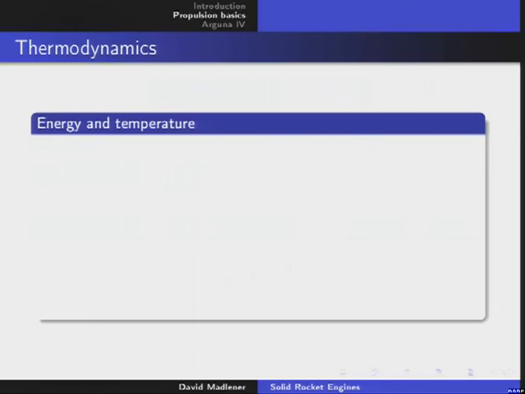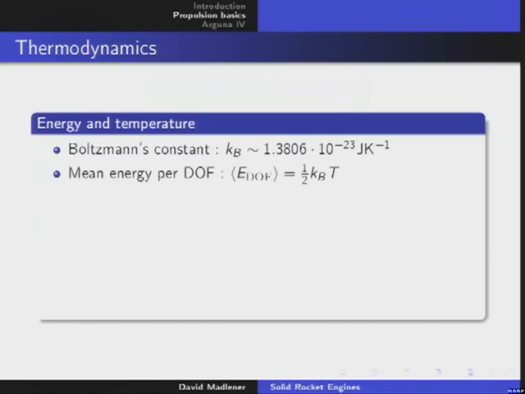Okay, and energy and temperature are connected by a constant called the Boltzmann constant. Some of you may have heard of it. This Boltzmann constant couples the mean energy per so-called degree of freedom, DOF, of any molecule and atom that is around us.